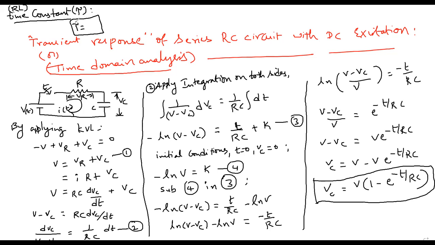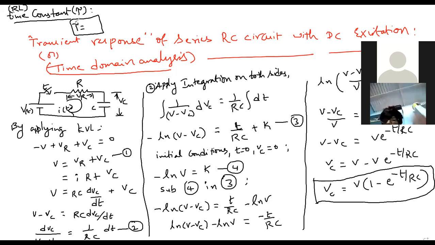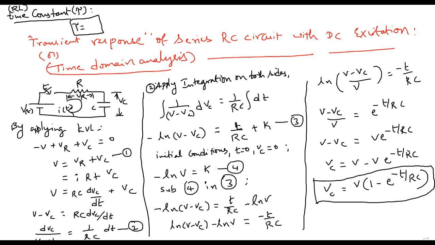The ratio of inductance to resistance, L by R. Very good, L by R. So the unit is seconds because this is a time constant.